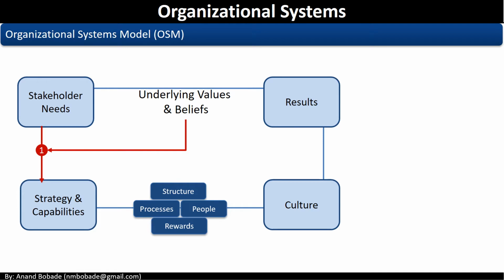Strategy and capabilities help the organization design structure and processes, hire people and reward them based on their contribution to the organization. Processes, structure, and people help develop and implement the organization's culture. And finally, culture helps the organization get the required results. So this is the whole organizational system. This is how it functions and works.